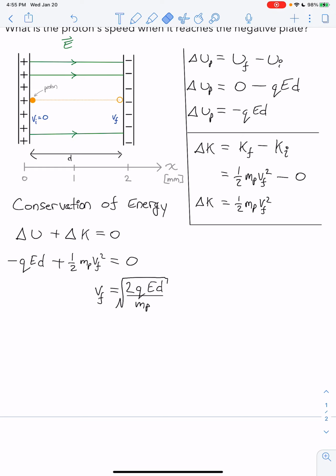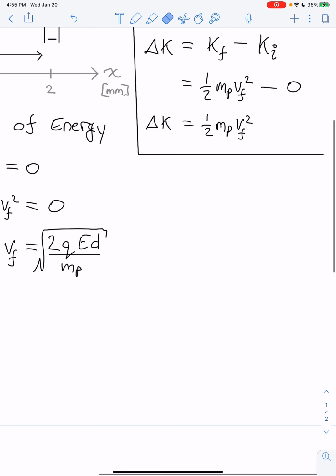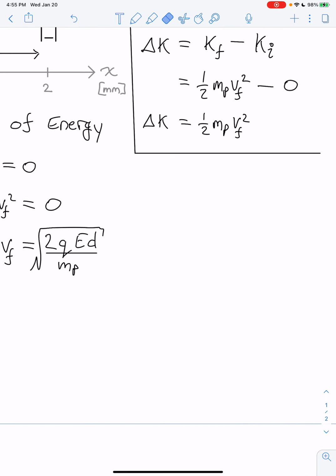And what we need to do now is substitute in some values. So we've got 2, and then Q is the charge on the proton, which is positive E, our fundamental charge, or 1.6 times 10 to the negative 19 coulombs.